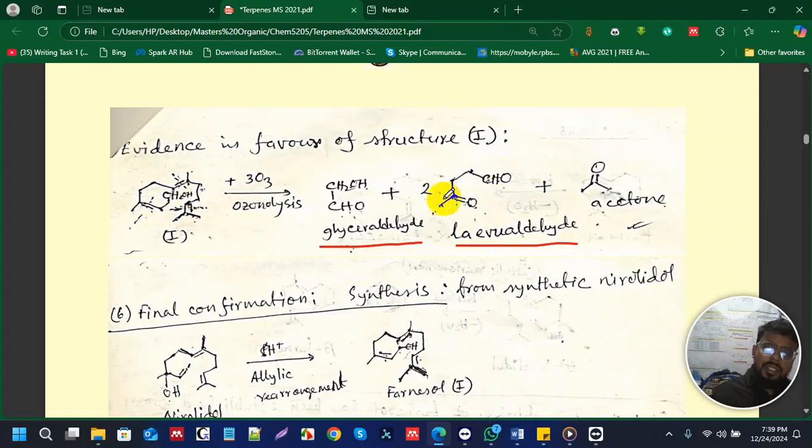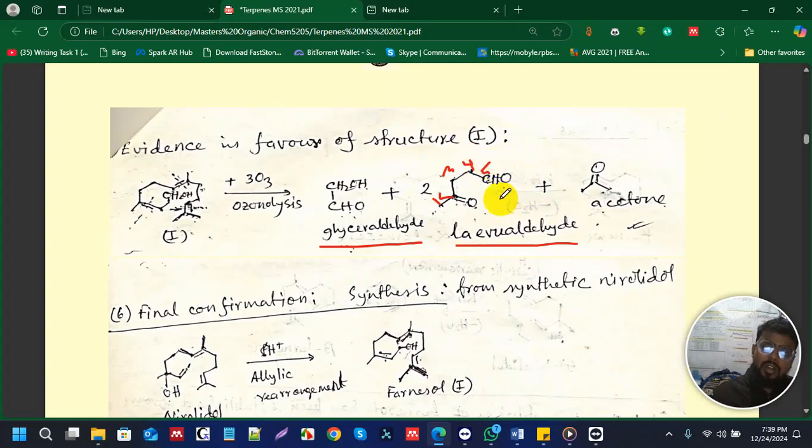In the following, it's number 1 carbon, number 2 carbon, number 3 carbon, number 4 carbon, and number 5 carbon. So we can say that it's 2-oxopentanal. That is called laevulinaldehyde.